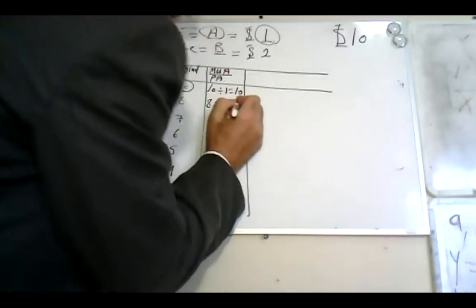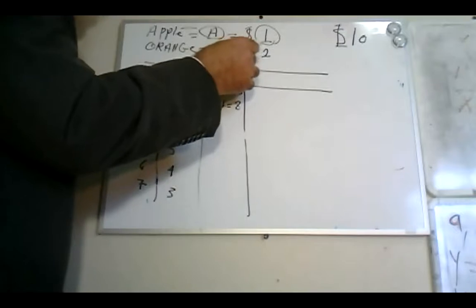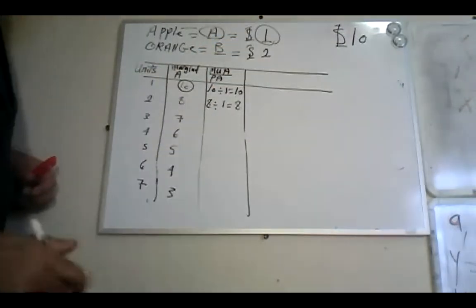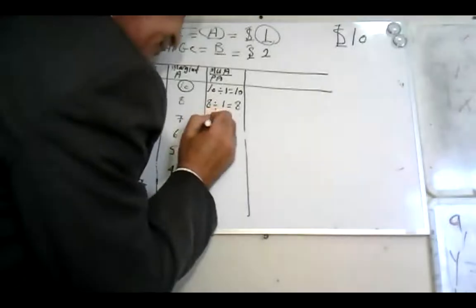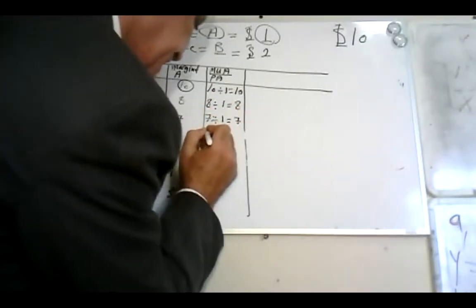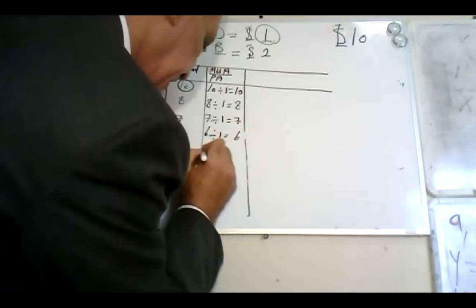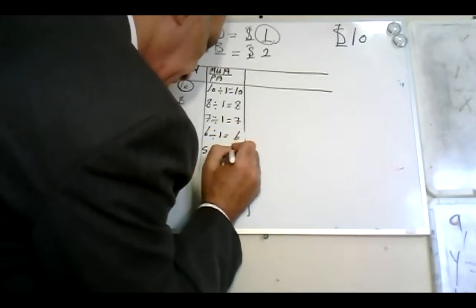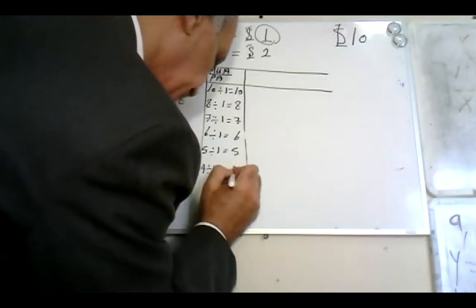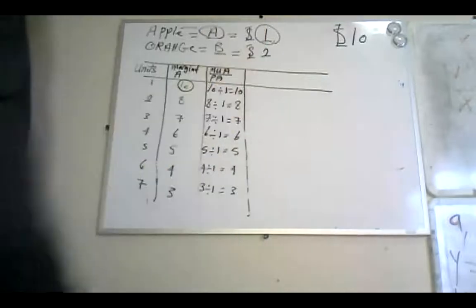All the numbers will be divided by 1, so 7 divided by 1 equals 7, 6 divided by 1 equals 6, 5 equals 5, 4 equals 4, 3 equals 3, till the end of the units.